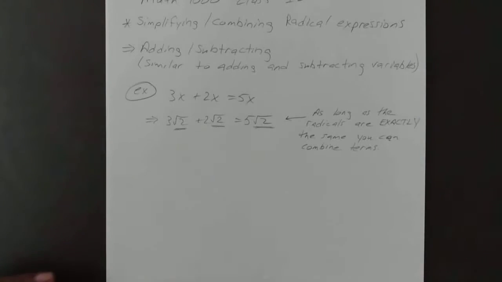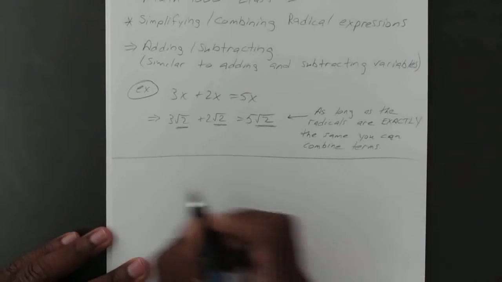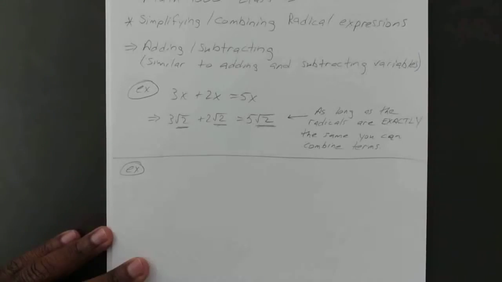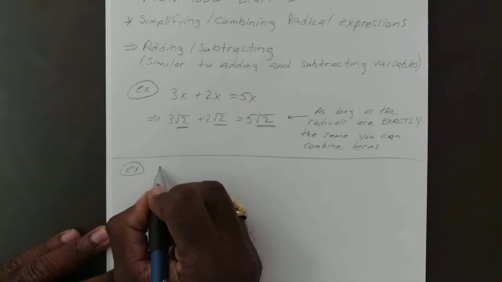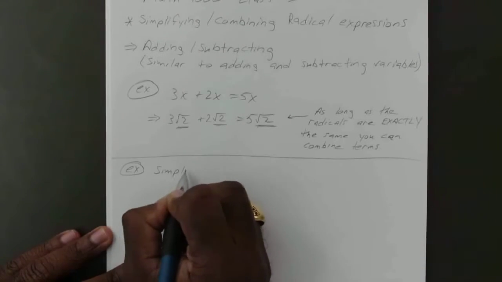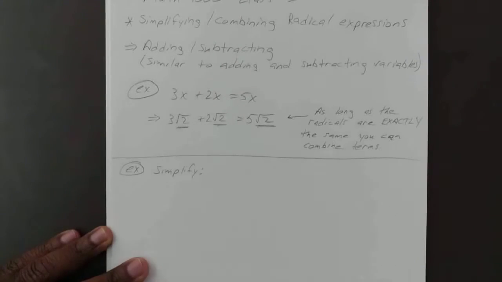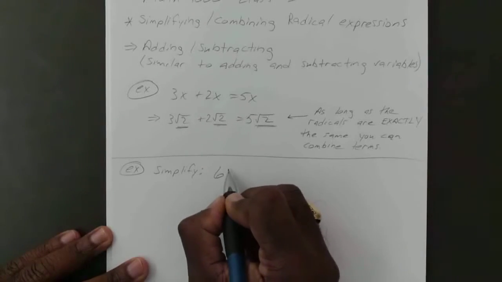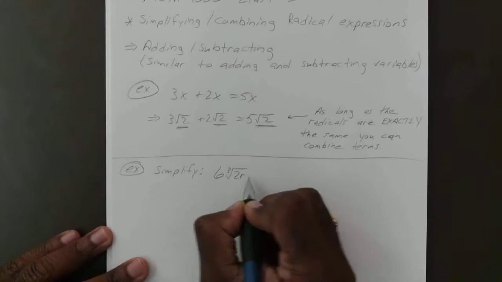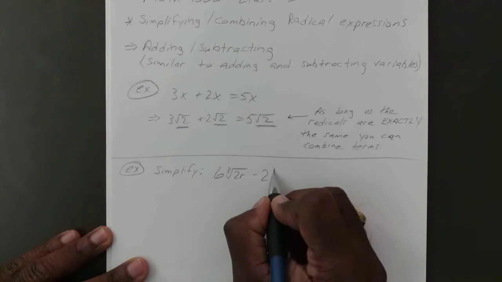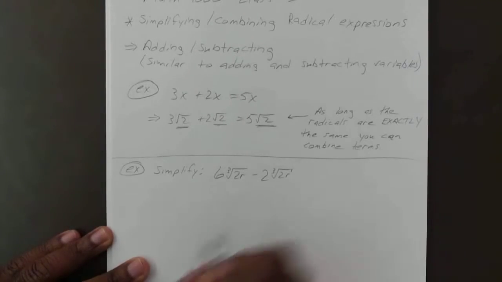All right, so let's say, for example, if you wanted to simplify 6 cube root of 2r minus 2 cube root of 2r.